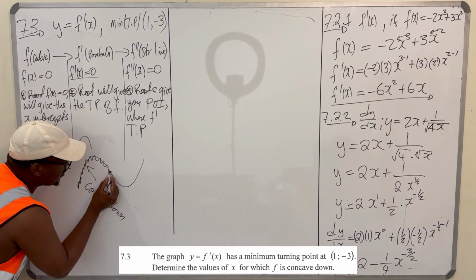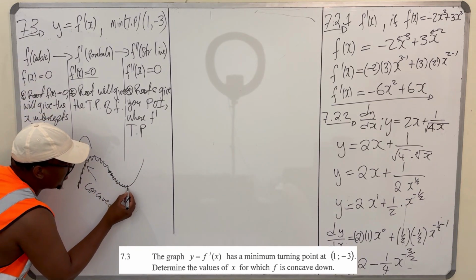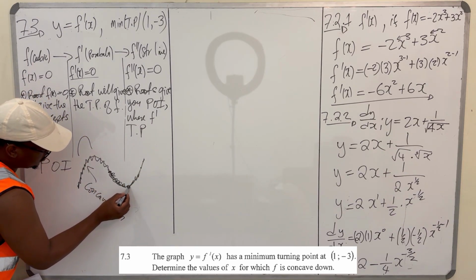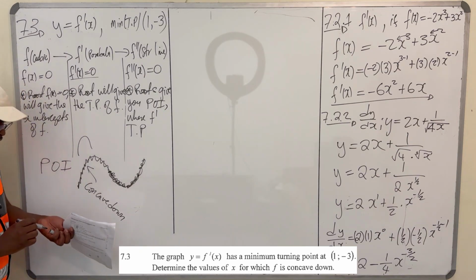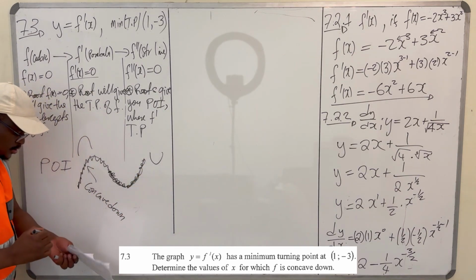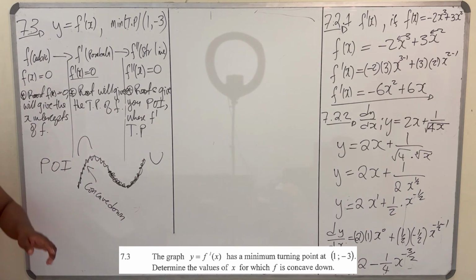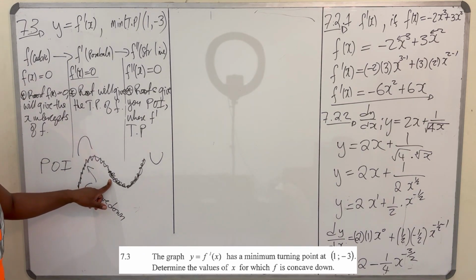So after some point here, you can see it is concave up, this side. You can see it has a U-shape, so it is said to be concave up. So we want the x values where this thing is concave down.